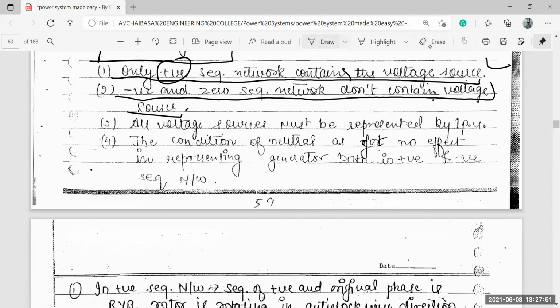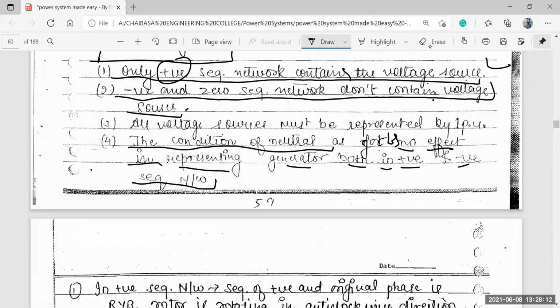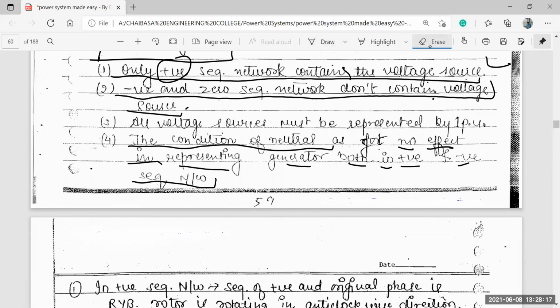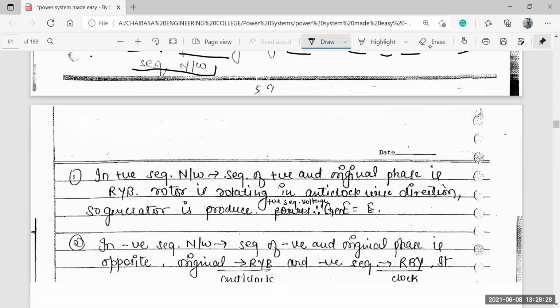Now this particular segment defines that the condition of neutral has no effect on this. This is the terminology we get.